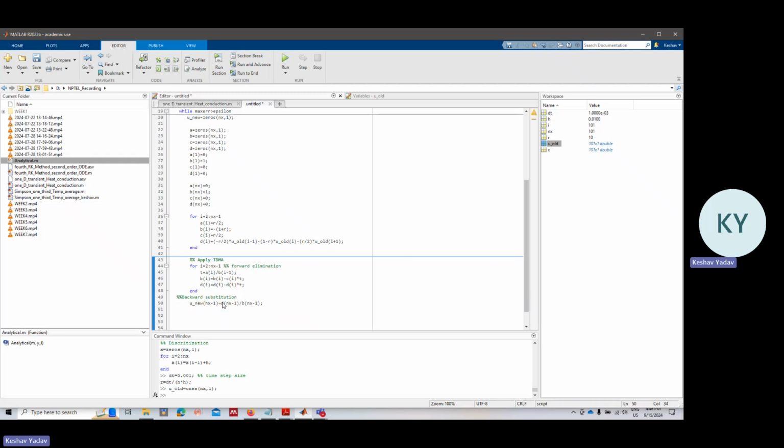So nx minus 1 I have got. Now I will go for i equal to nx minus 2 in minus 1 step. I will go up to 2.